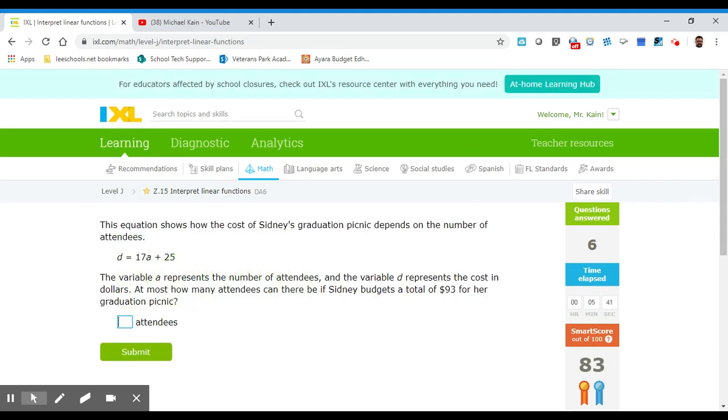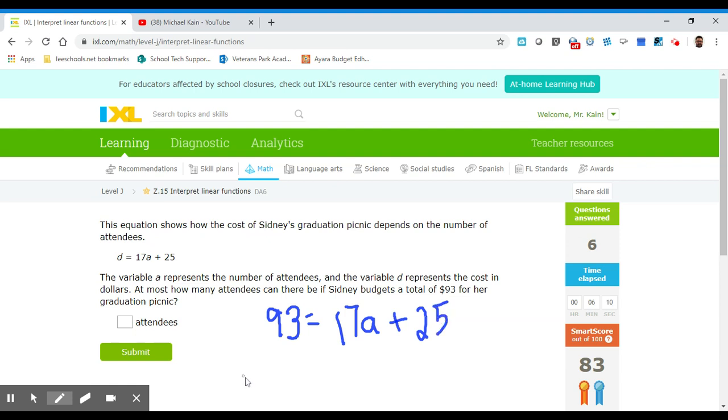Okay. All right. If Sydney budgets a total of $93 for her graduation picnic, how many attendees? So D represents the dollars. So we have to put the 93 on the left side of the equation, right? So I have to say 93 equals, because D is dollars, 17 times A plus 25.